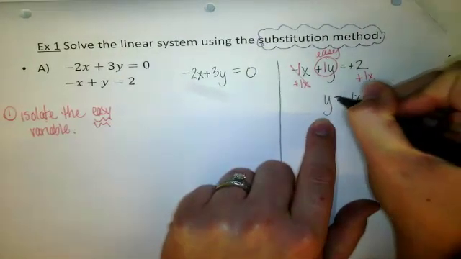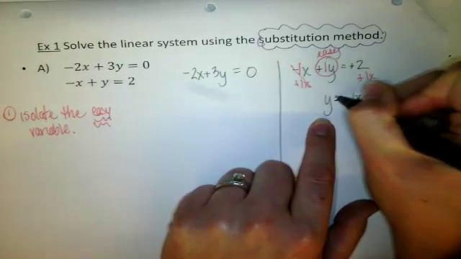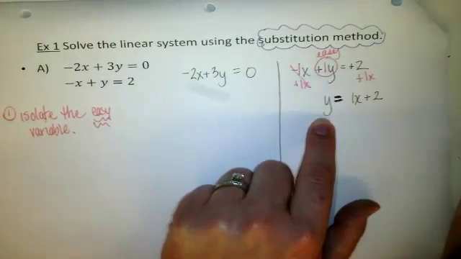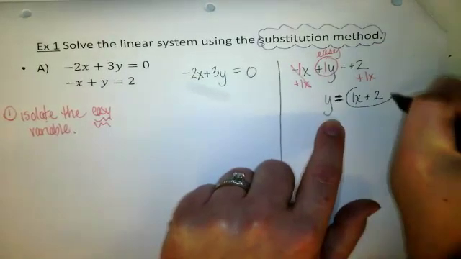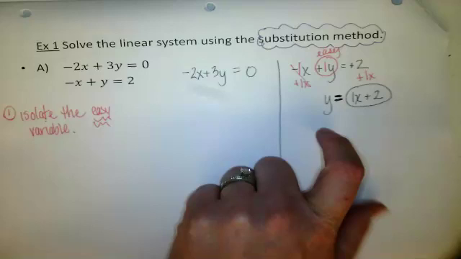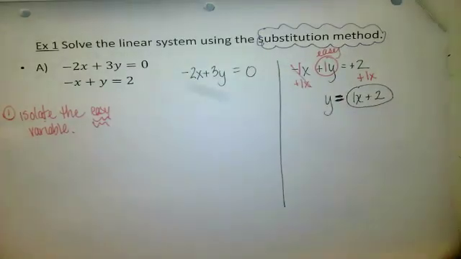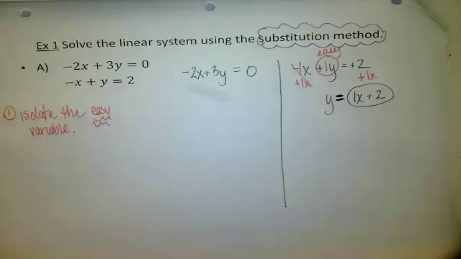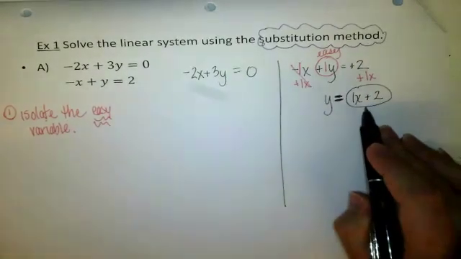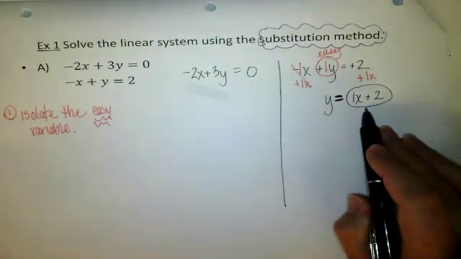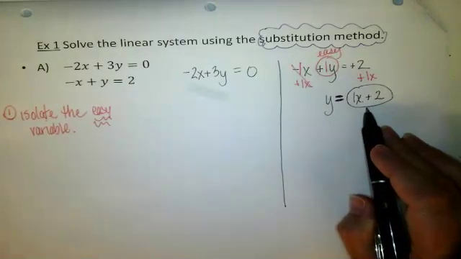This says that y is exactly the same as 1x plus 2. Do they look the same? No. But I'm telling you, that's what the equal sign means. It says the y is exactly the same as the x plus 2. They're identical, which means I can plug one thing in place of the other.